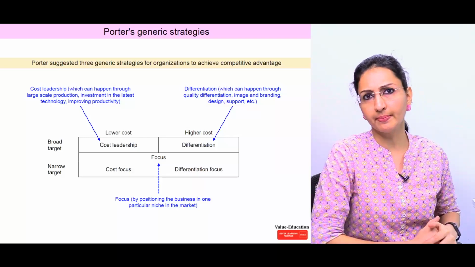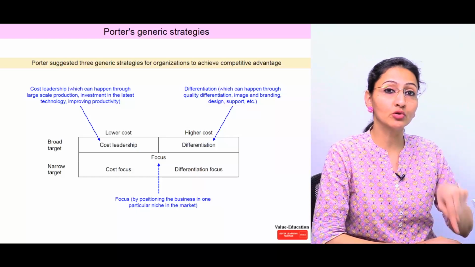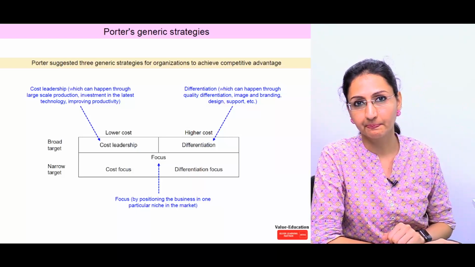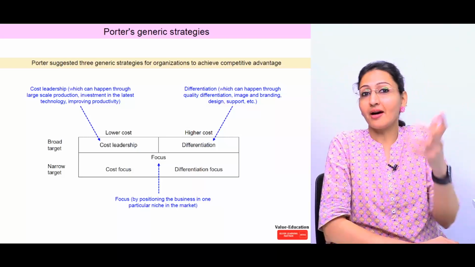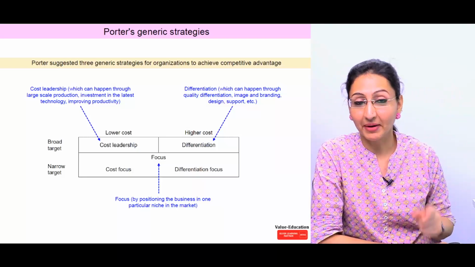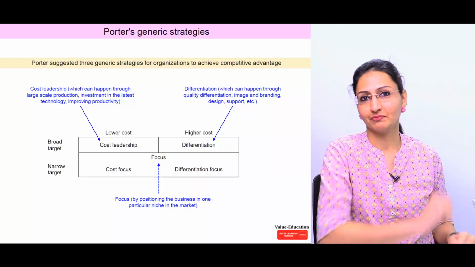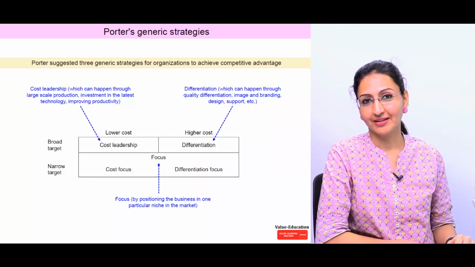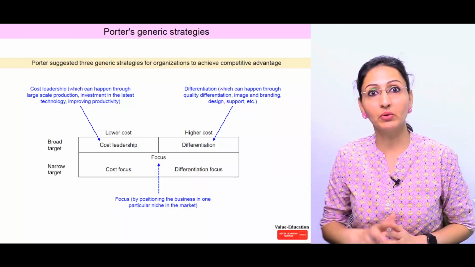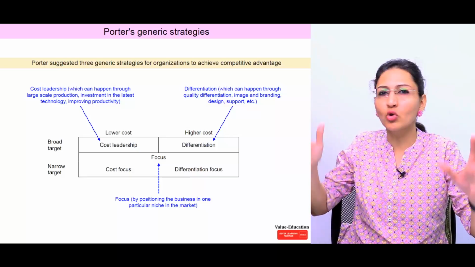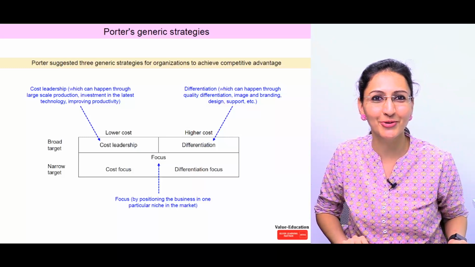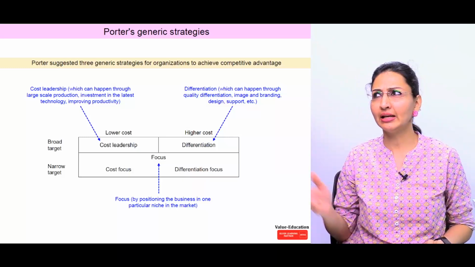Take shampoos and soaps. Earlier, they used to be very generic. Lifebuoy was everywhere. Hamam was everywhere. But now you will find Dove for people with dry skin. You will find Medimix for people with acne. You will find fairness glow soaps for people who want to be fair, Fair and Lovely.